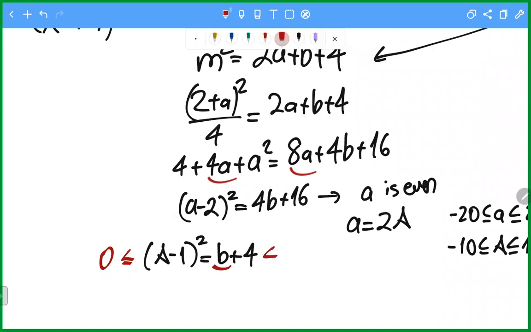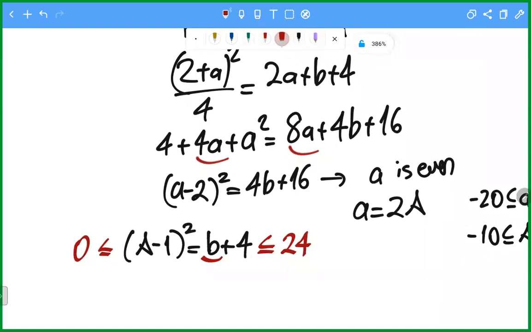So B plus 4 is less than or equal to 24. That means (A minus 1) squared is at most 24, which means (A minus 1) squared is at most 4 squared, and this tells me that A minus 1 has to be between 4 and negative 4.